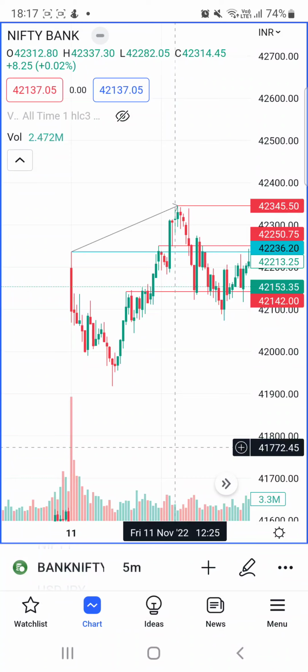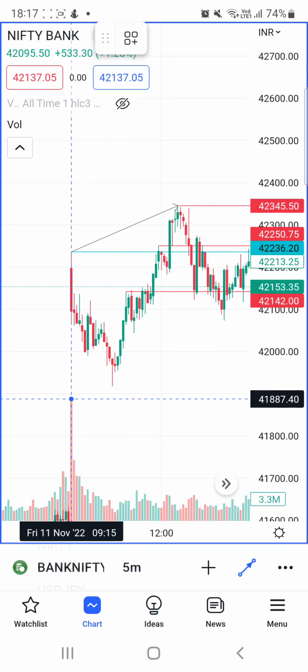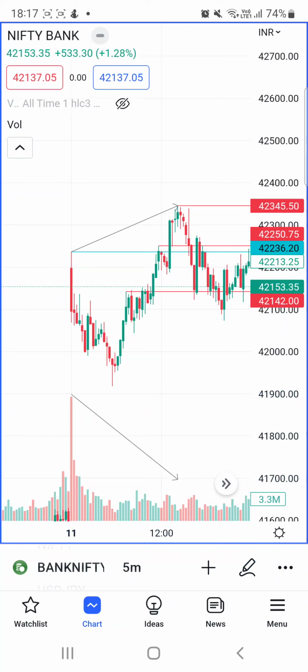It's coming from lows like this. So this is the first divergence in terms of volumes.